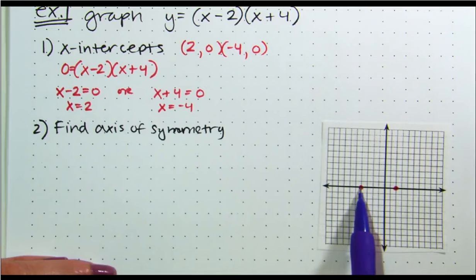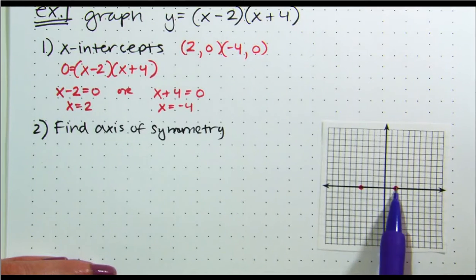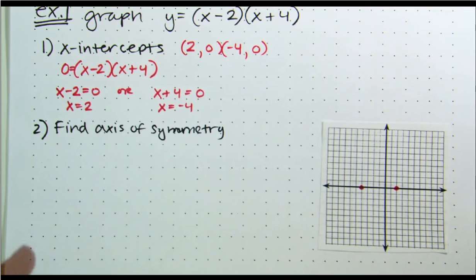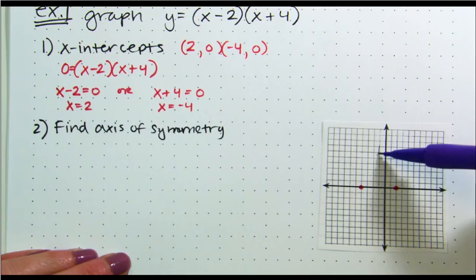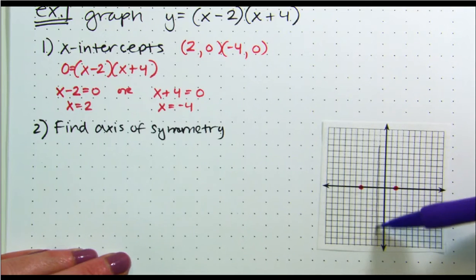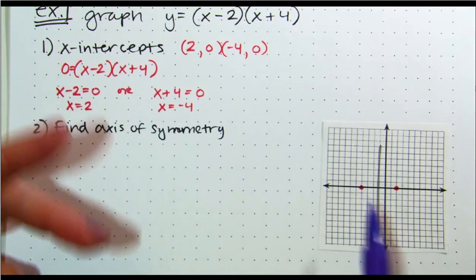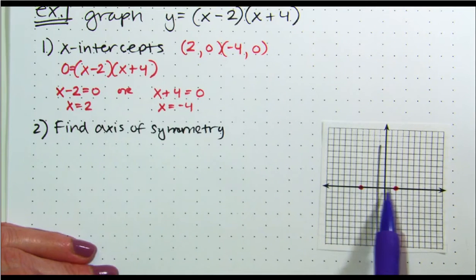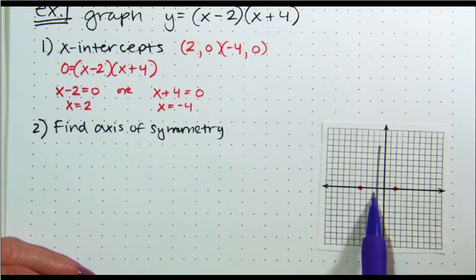So if I look at my two x-intercepts, and I remind myself that we have a reflection, I know that if I were to draw a line between those 2 points, that's actually my axis of symmetry, right? My one x-intercept is 3 to the left, the other is 3 to the right, so I know that's the middle.